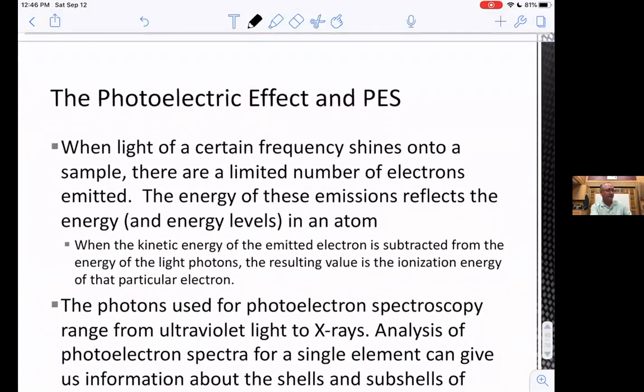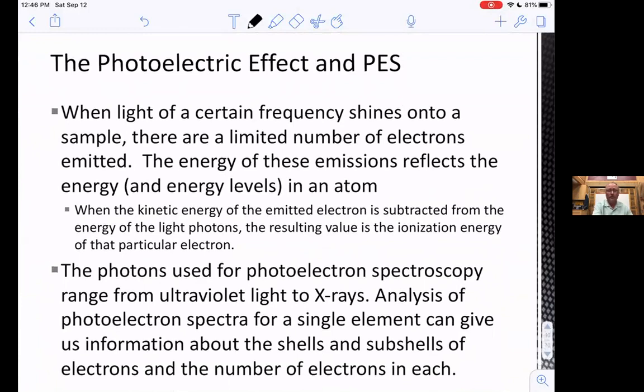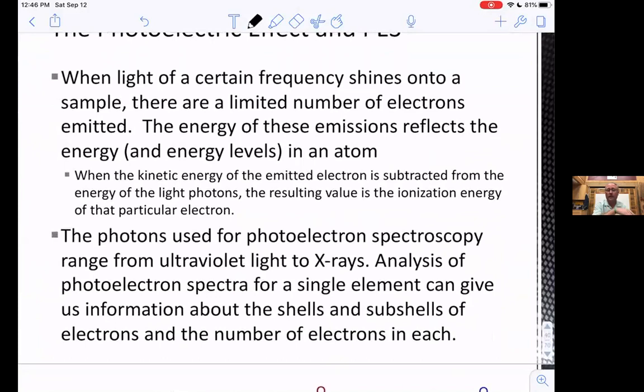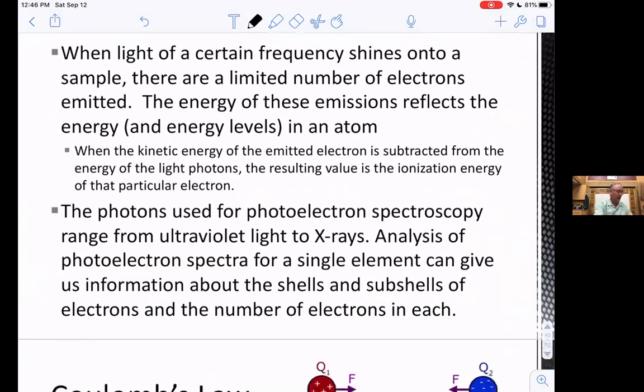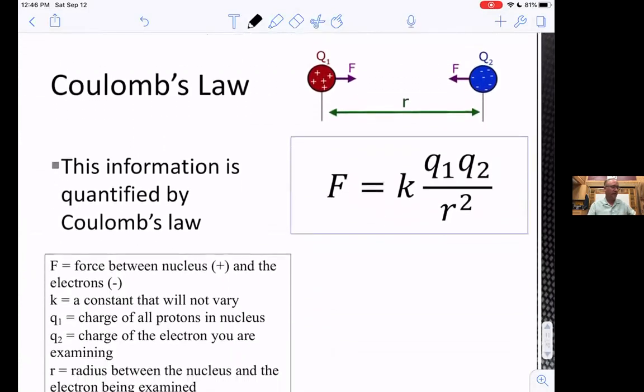Okay, so when a certain light of frequency, like I said before, shines on there and you breach the threshold frequency, electrons are going to be emitted from that atom. Photons for photoelectron spectroscopy are used from ultraviolet and X-ray to have those electrons actually leave the atom. And so what I'm going to show you are some of those graphs here in a second after I describe this.